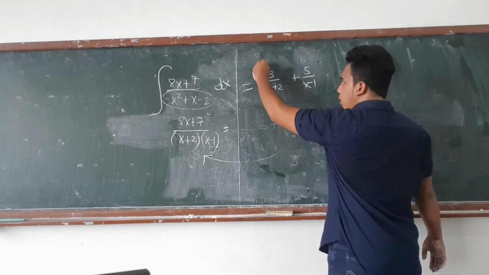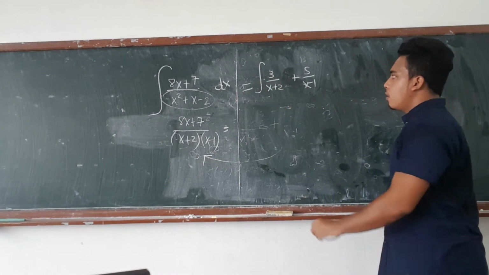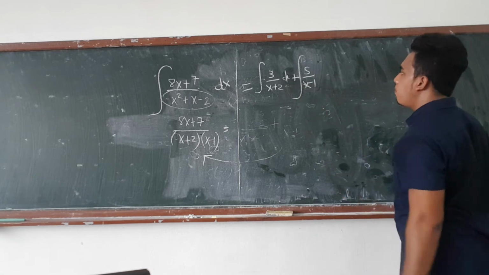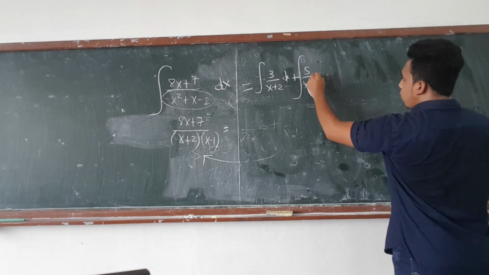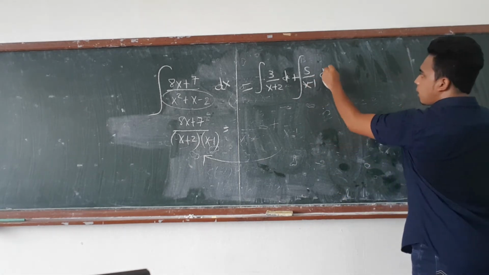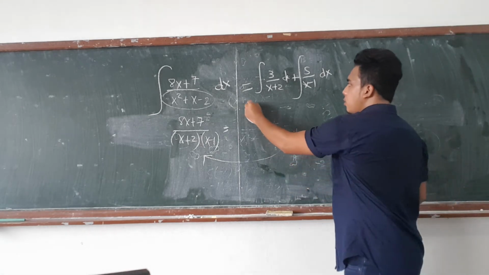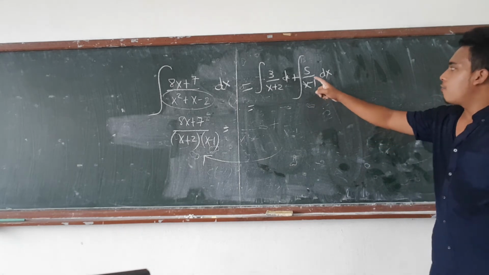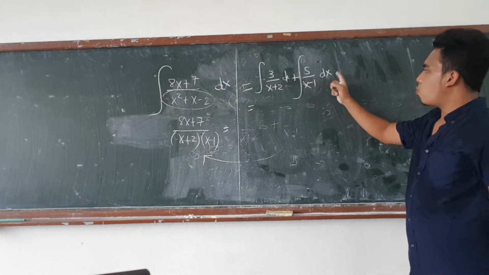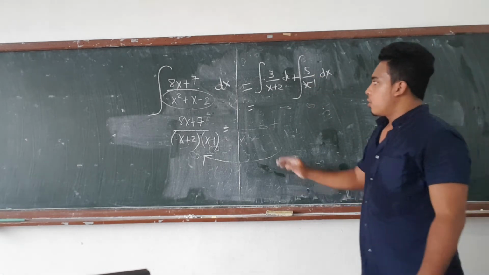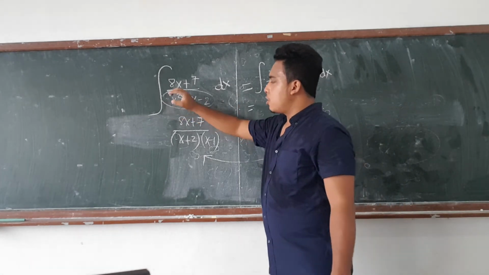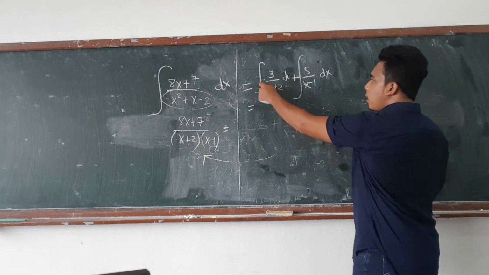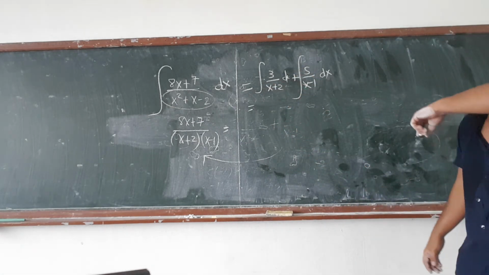So we need to integrate 3 over x plus 2 dx plus 5 over x minus 1 dx. This is just the same as the original, we only distributed the integration to make it easier.